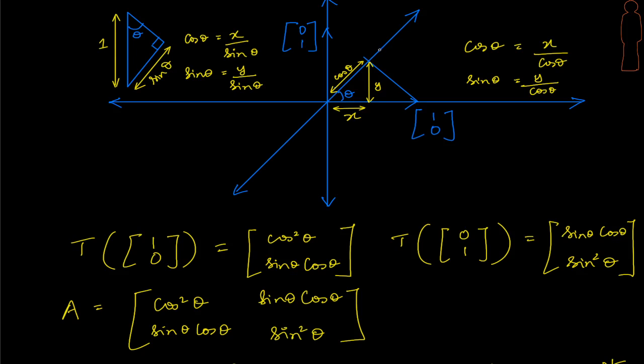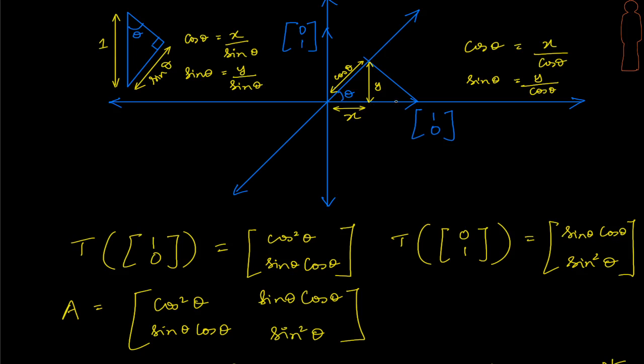Suppose that's the point here. I want to figure out the coordinates or the components of this vector. Then I need to bring it down to the x-axis and see where it hits the y-axis. So we push it down here and see how much it covers in the x and how much it rises from the x, that is the y in the y direction. Looking at this triangle again, this is theta, this is my y and that's my x.